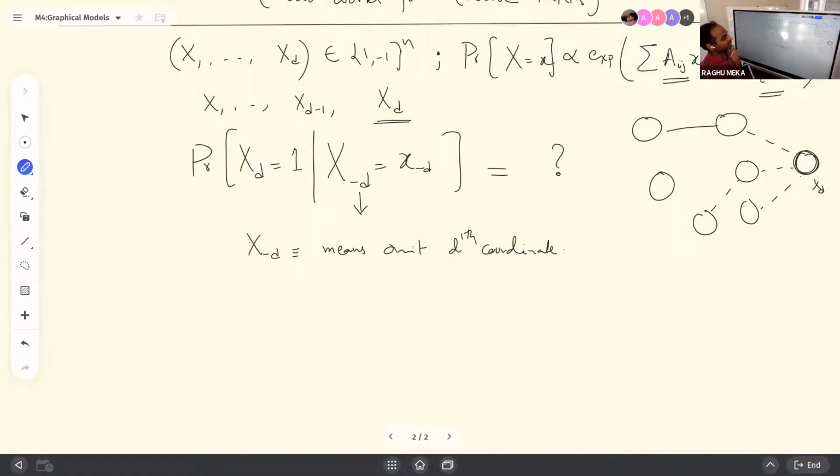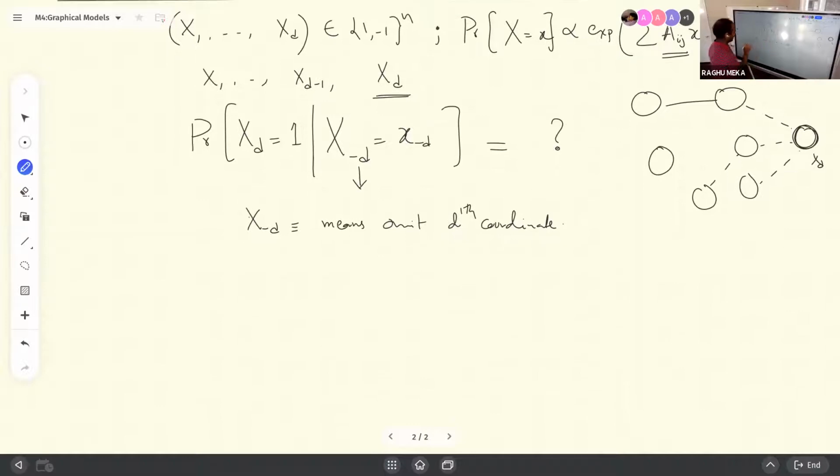So this is my question, and how can I answer this? Well, we have our formula, right? Let's see what happens. I'm interested in the probability that x_d equals 1 and x_{-d} equals x_{-d}.